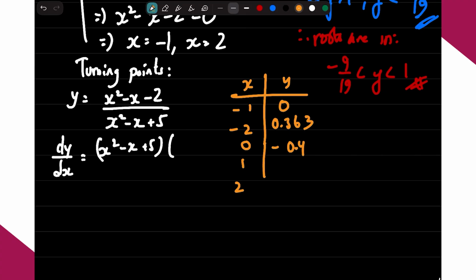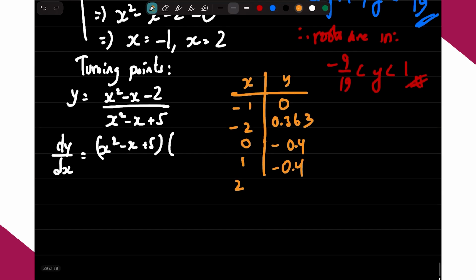Then for x equal to 1, we do x squared minus x minus 2, over x squared minus x plus 5, putting the value of x to be 1. And that also comes out to be -2/5.